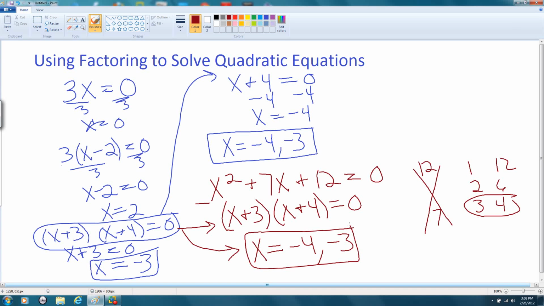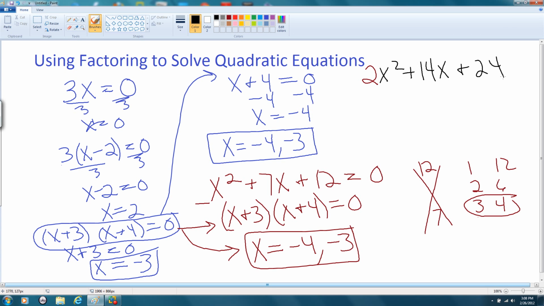Now, one more thing before I stop this short video. Whenever we have something to factor, if there's something we can factor out first, we should do it. So let's say I have 2x squared plus 14x plus 24.